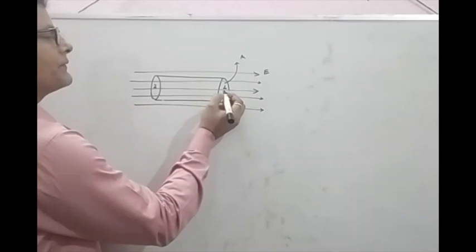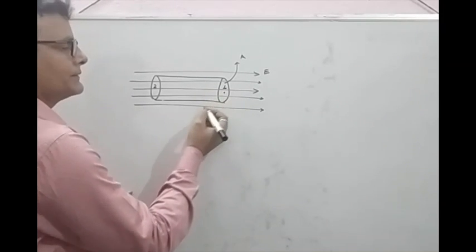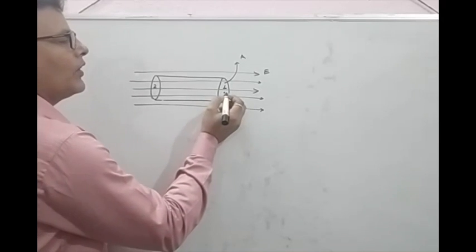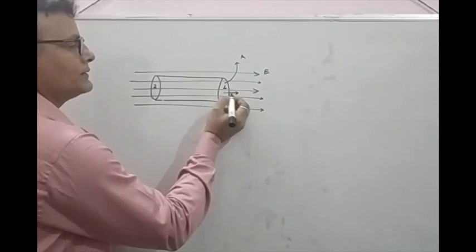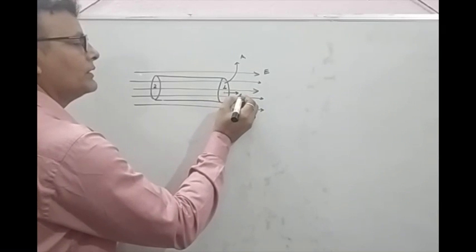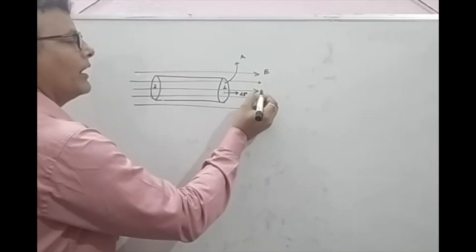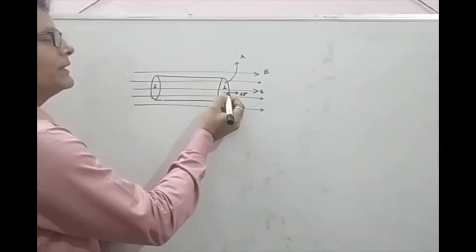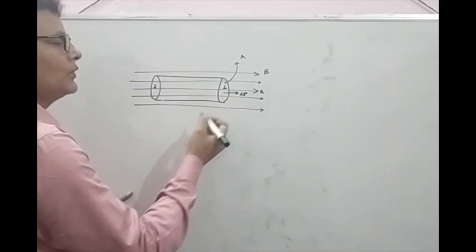For first surface, consider a very small area ds. The direction of area vector is outward normal, that is along electric field direction. The angle between area vector and electric field is 0.